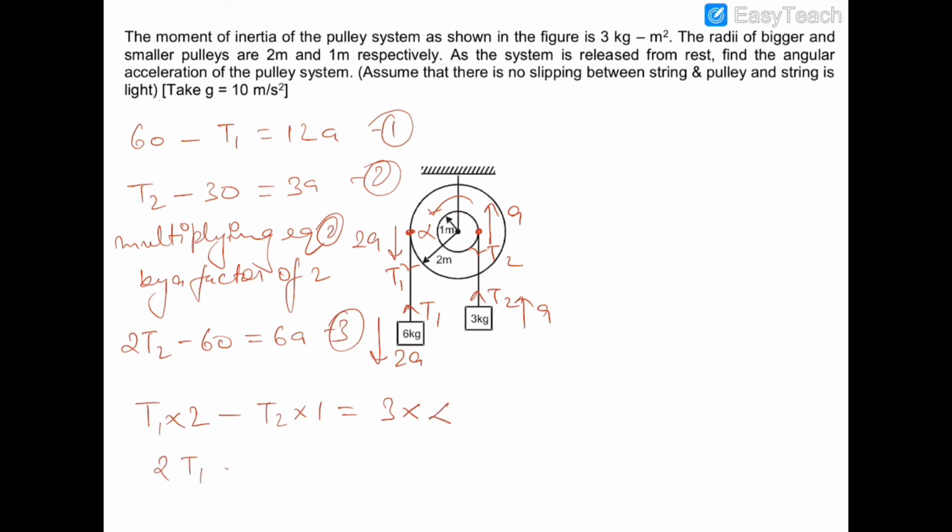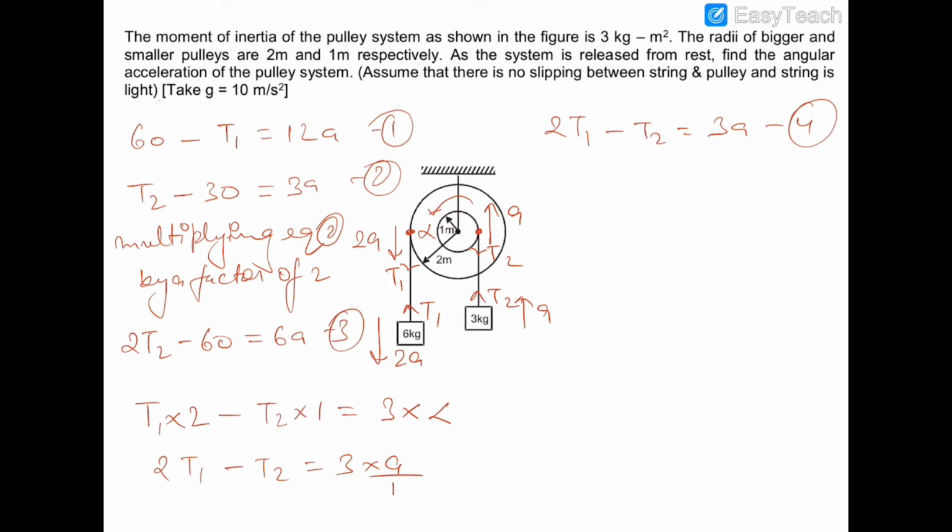So this is 2T1 minus T2 is equal to 3 alpha, and alpha can be written as a by R, where R is 1. Okay, so the equation is 2T1 minus T2 is equal to 3a. This is equation number 4.